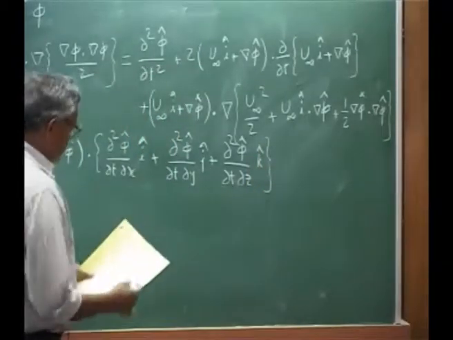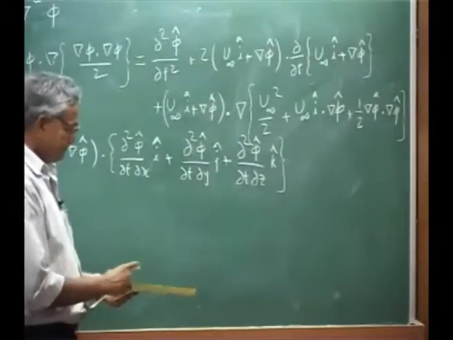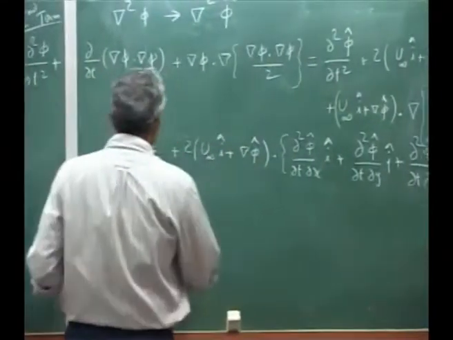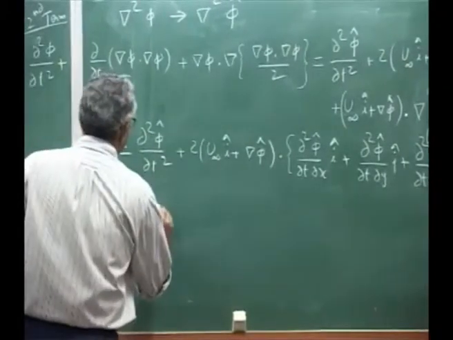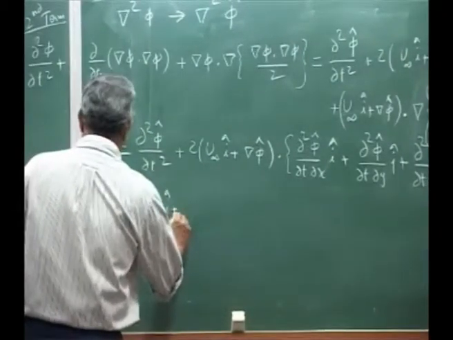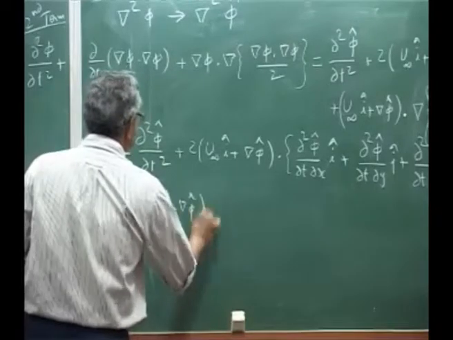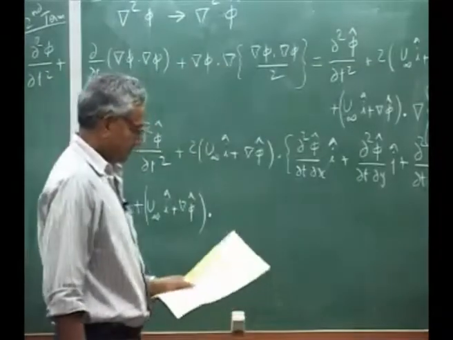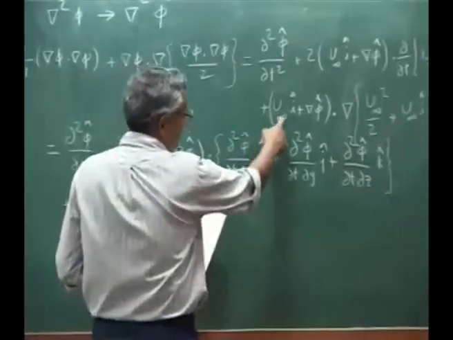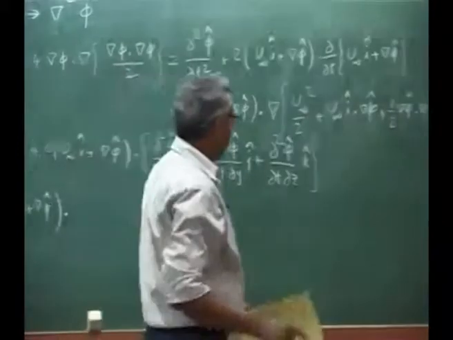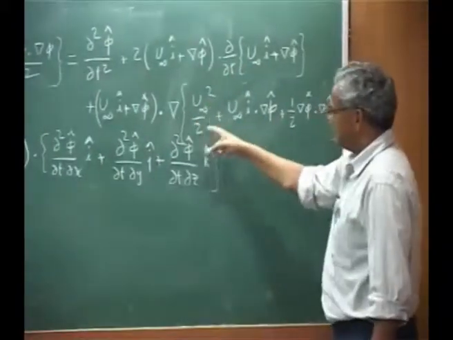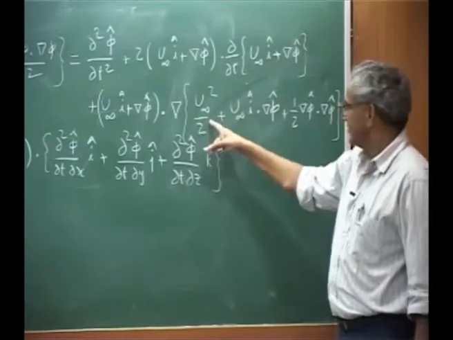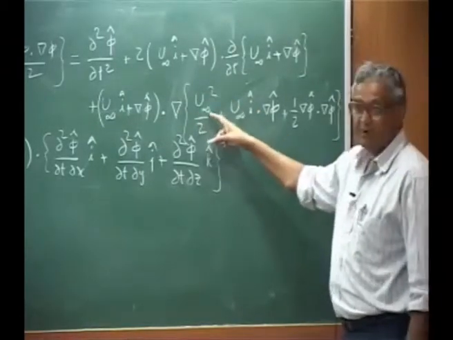Plus you will have this entire term, which you can write as plus u infinity I plus del phi hat dot... See, this is del of u infinity square, and because u infinity is a constant, this will just drop off.